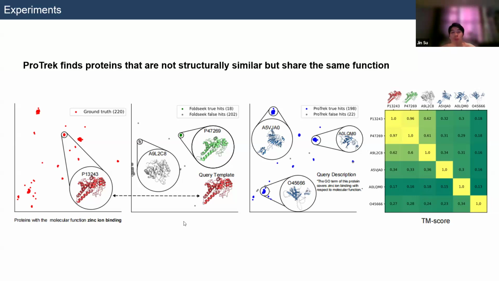So they are human reviewed, so they are reliable. The function is from GO terms, but they are also reliable because they are human reviewed. So you can say they are based on experimental evidence. Okay, so the ground truth dataset is from your SwissProt dataset. Yes, all from the SwissProt database.